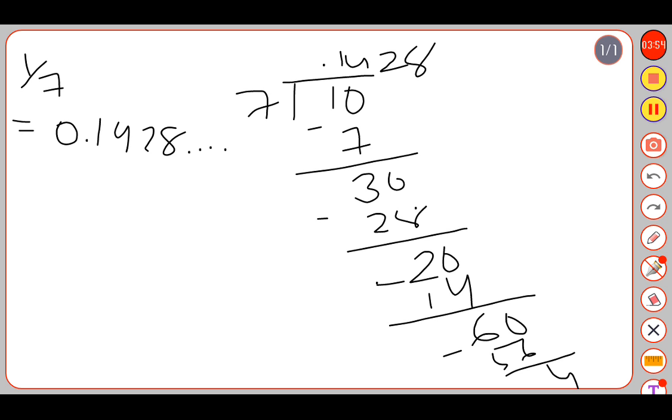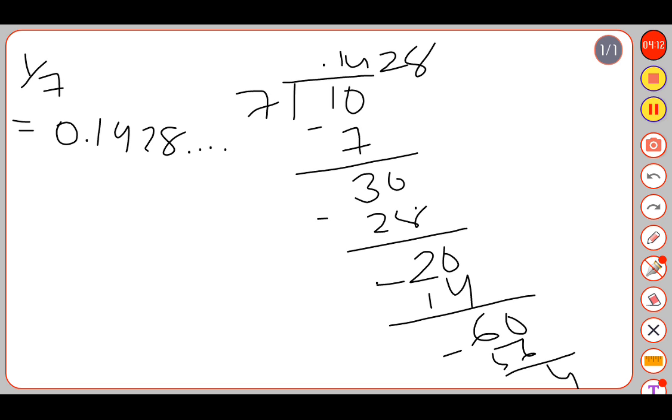Here we notice that in some decimal expansions, the remainder is becoming 0 after some time. But in some decimal expansions, the remainder is not becoming 0. It is continuing ahead and ahead.